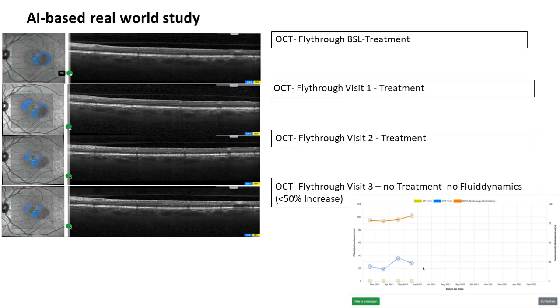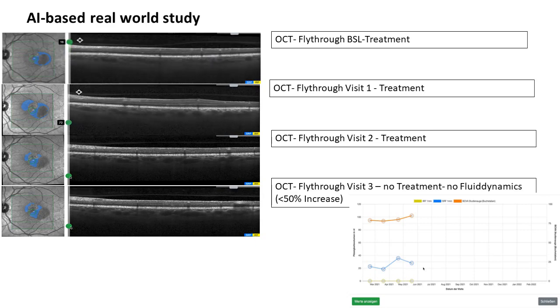The same applies to subretinal fluid. This is a patient that has mainly subretinal fluid. You can have a nice en face view on the SRF pooling, and then at each visit you get a precise representation of the fluid. Here you must treat again.